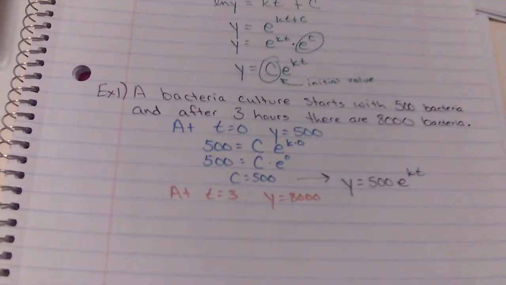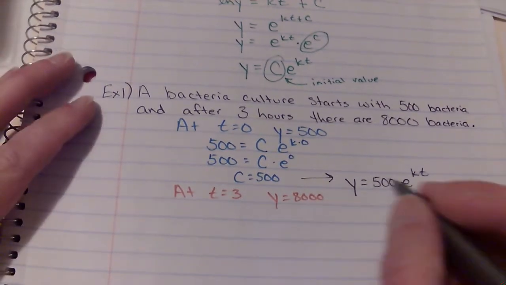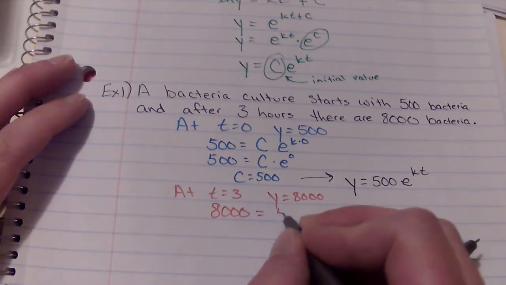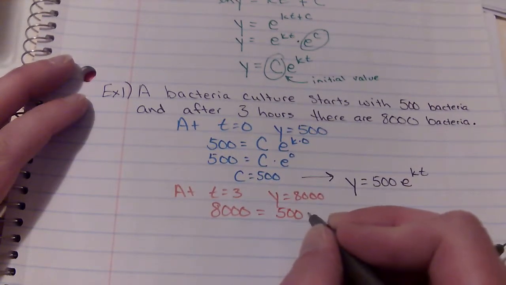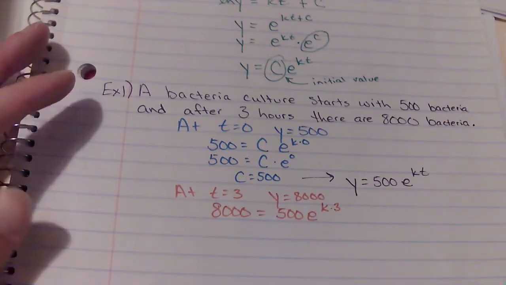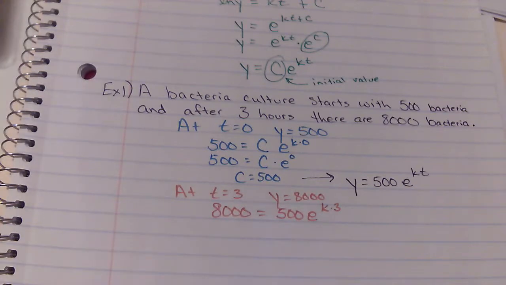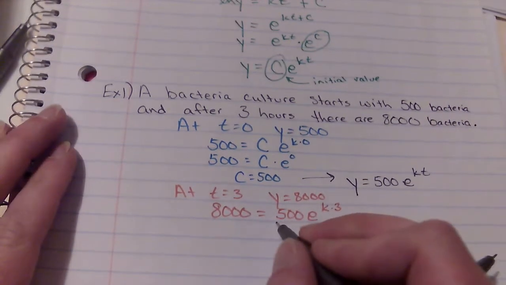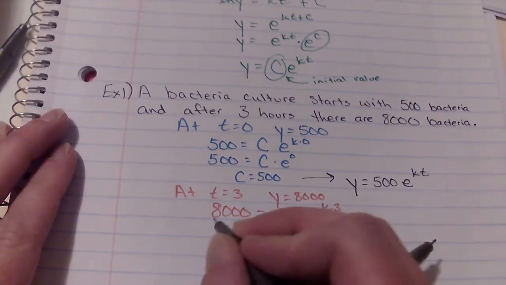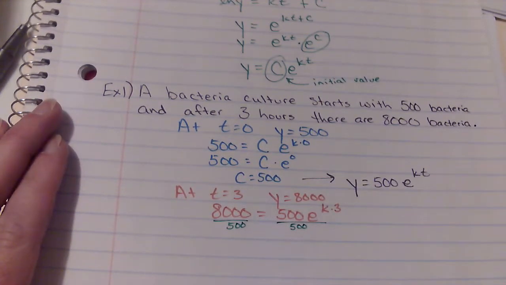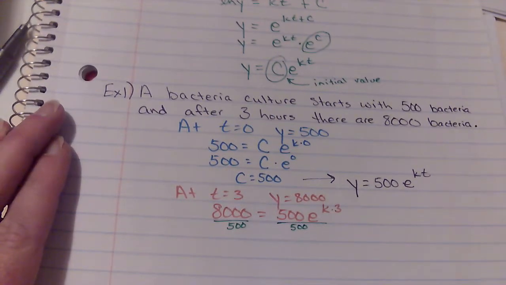So y would be 8,000 equals 500, that initial value, e to the k times 3. Well, I'm going to do two things here. I'm going to divide each side by 500 because that will clean this up a little bit. And I am being a little brain dead today, so 8,000 divided by 500 is 16.